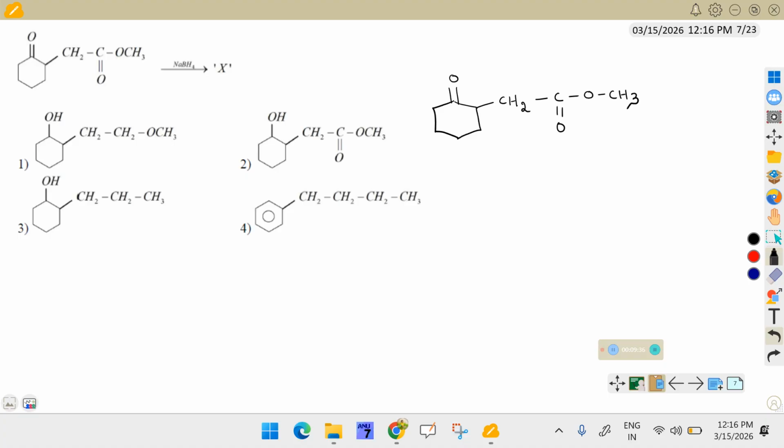The reactant reacts with NaBH4. We know about NaBH4: it is a selective reducing agent. It reduces aldehydes and ketones without affecting any other functional groups.